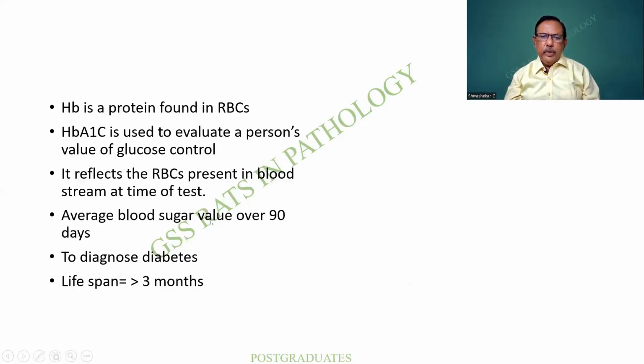The average blood sugar value over 90 days is also reflected in this test. It can be used to diagnose diabetes, but more than that, it is your control over diabetes that matters. And the lifespan of the RBCs is 3 months. That is the average lifespan, and that is the period of the test also.